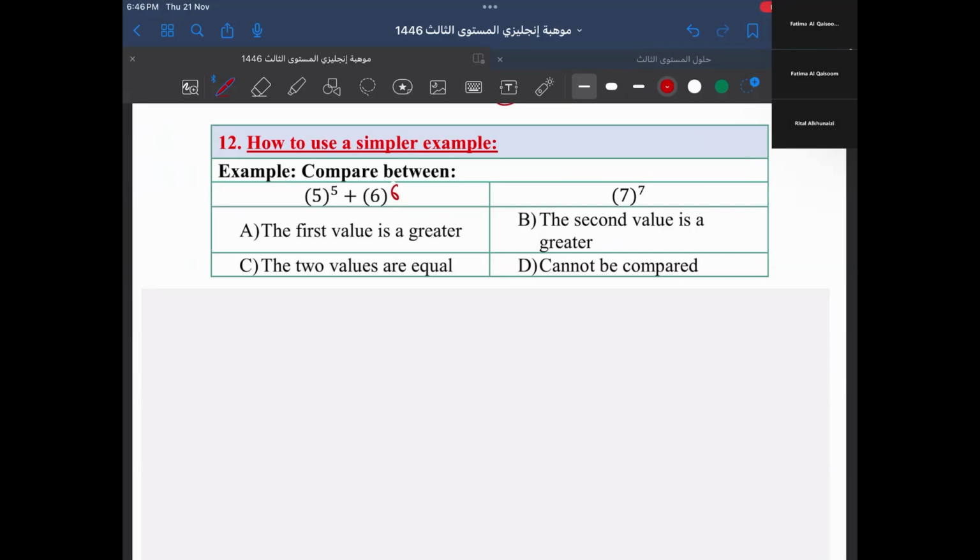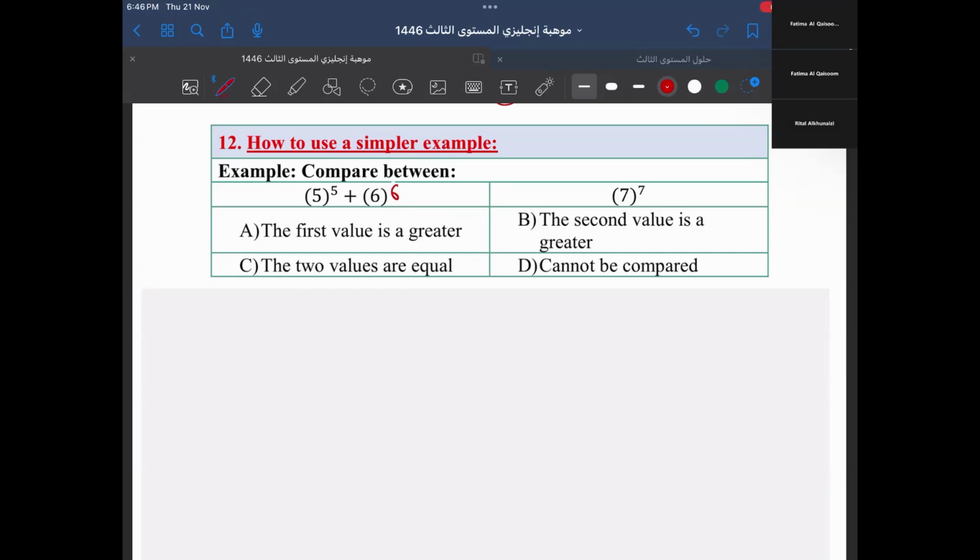Sorry, here it should be 6. We want to compare which value is bigger. A very simple way is to assume smaller numbers, because 5 to the power of 5 is a very big number that sometimes needs a calculator. So we don't have the time.